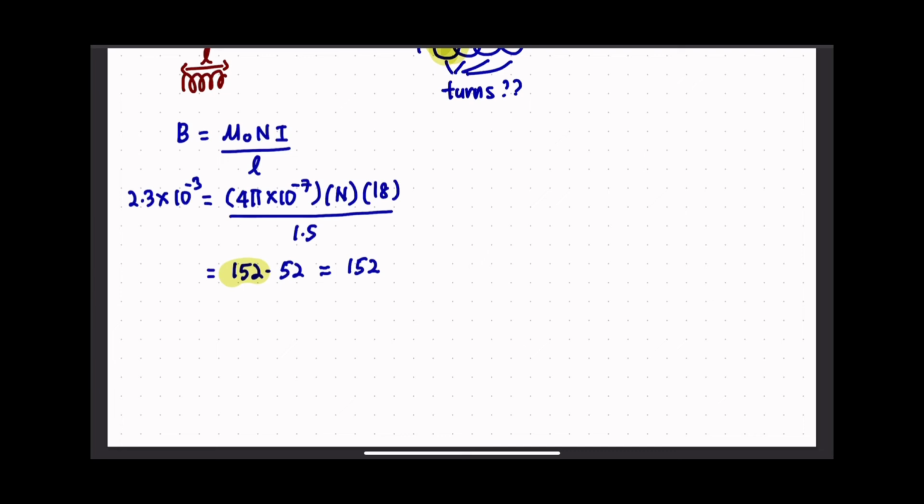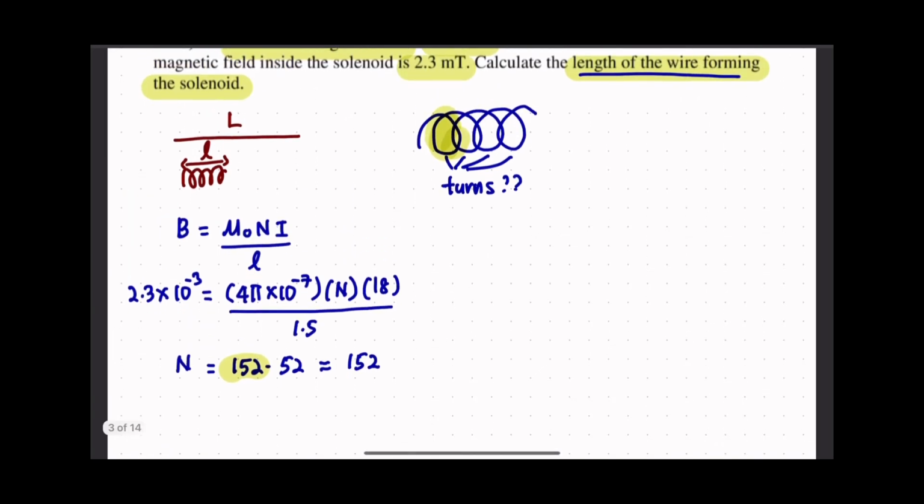Alright, then after you get the number of turns, kita kena cari dia punya circumference lah. Means that satu bulatan ni berapa nilai dia. Maksud circumference adalah 2 pi r. Okay, so 2 times pi times radius of the solenoid.